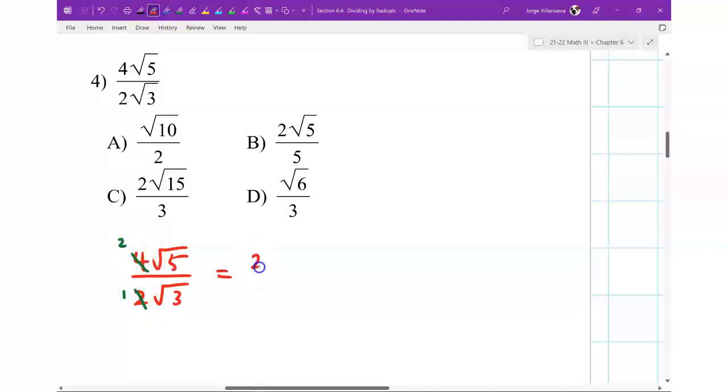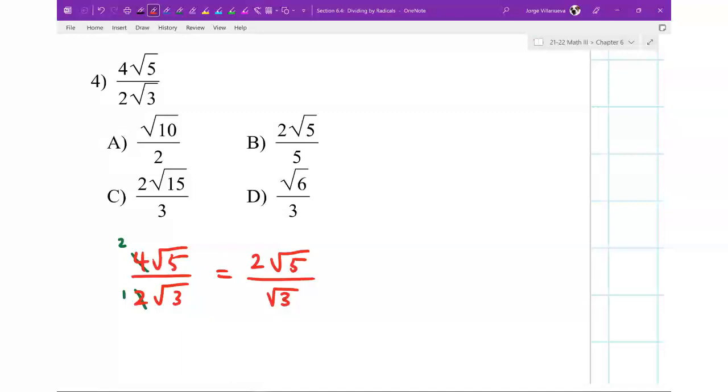So this basically is 2 radical 5 over radical 3. Can 5 and 3 be reduced if I combine them together into one big square root? No, right? 5 doesn't get divided by 3. There's no number that goes into both 5 and 3 other than 1, but like we always say, 1 is kind of useless for us.